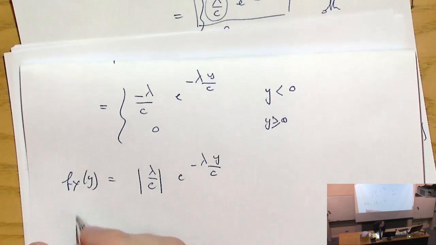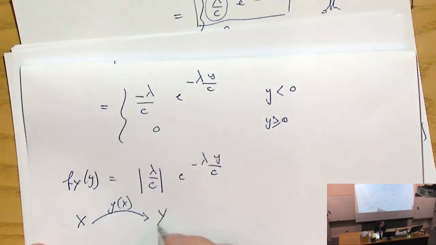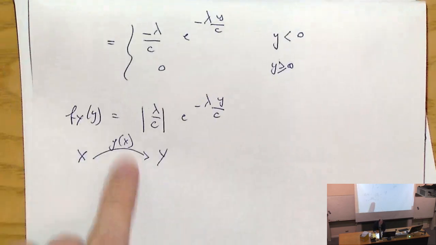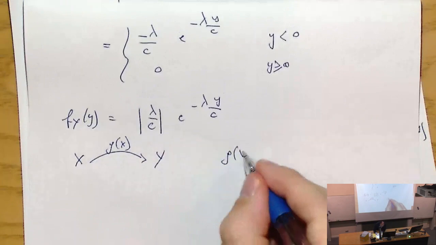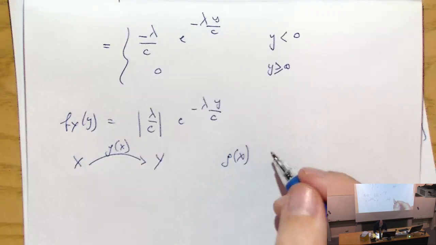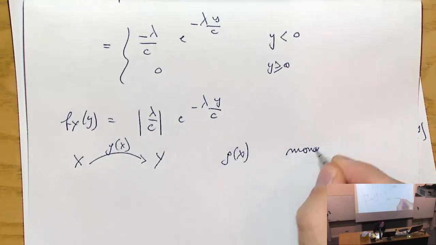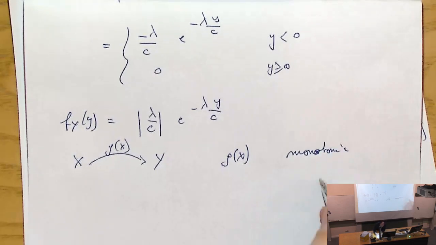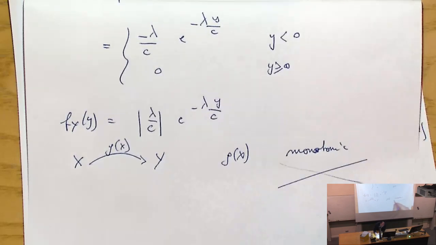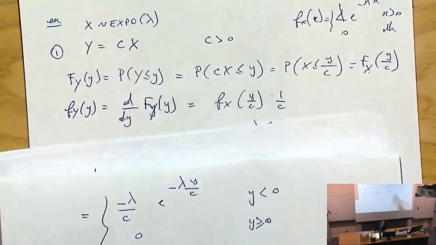If you have x, you do a transformation g of x to get to y, right? If this g of x has some property that it is either increasing or decreasing, so this is what we call a monotonic function. It's a function that is either increasing or decreasing. So this is what we had here. C positive would have an increasing function.